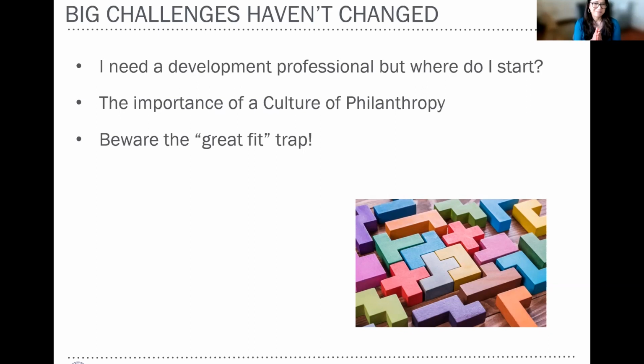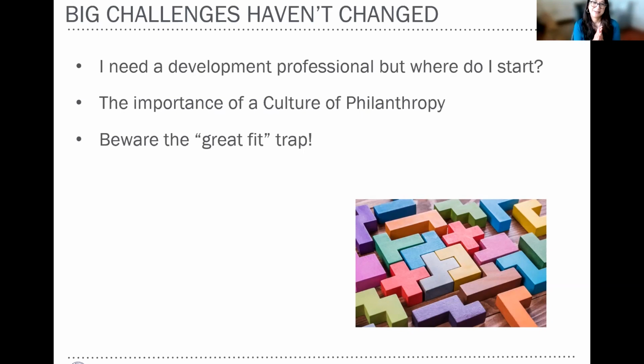And the big piece is the board needs to understand that the investment in a development staff person does not mean that they are not expected to participate in fundraising in some way. We've worked with a lot of boards who think that when the ED hires a development director, okay, this is great, make sure you get someone who is a certified fundraising professional, and we are not going to do anything.